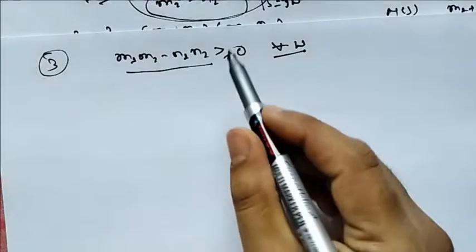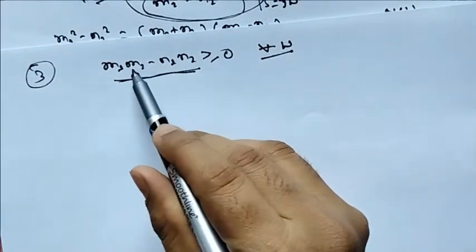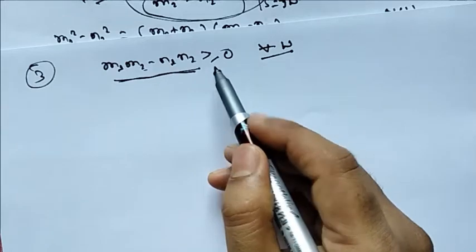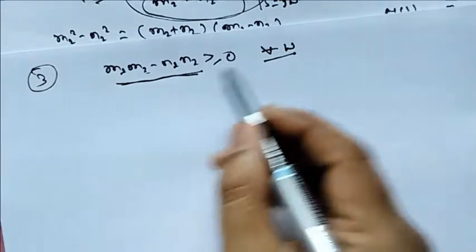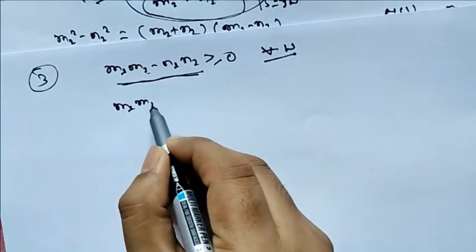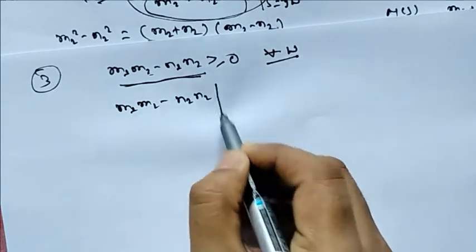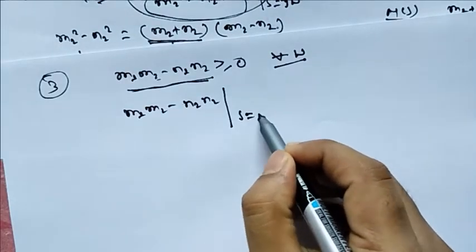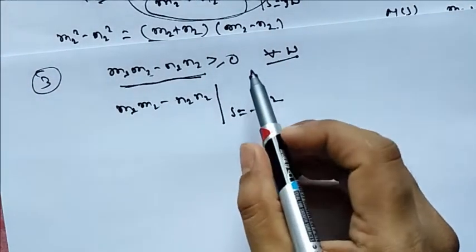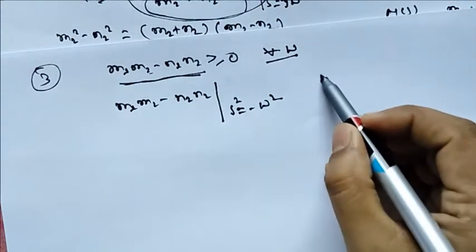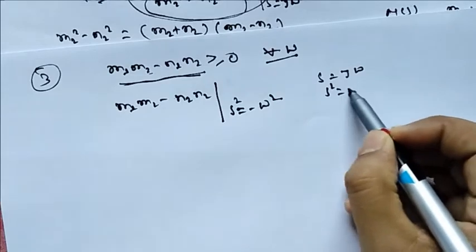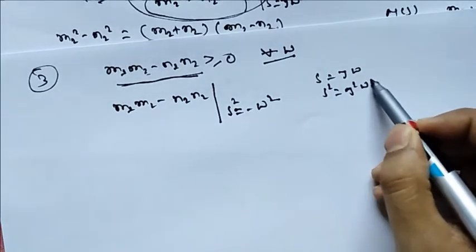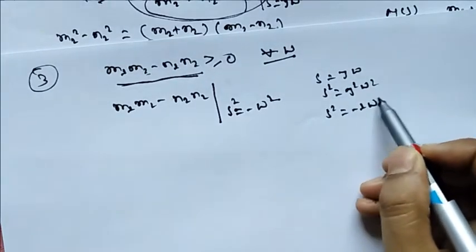Again we need to check one and two more steps, but right now we will be checking m1 into m2 minus n1 into n2 must be greater than 0, subject to the condition for all omega, where s square is equal to minus omega square, because s is equal to j omega, then s square is j square omega square. This is nothing but minus omega square.